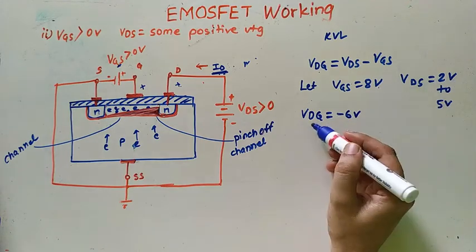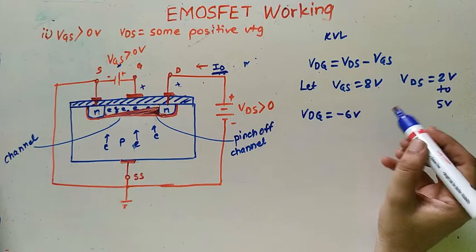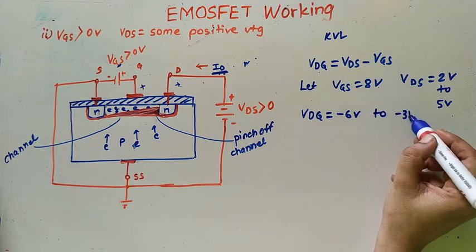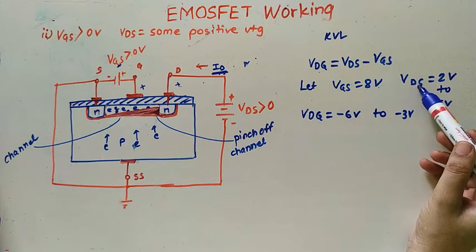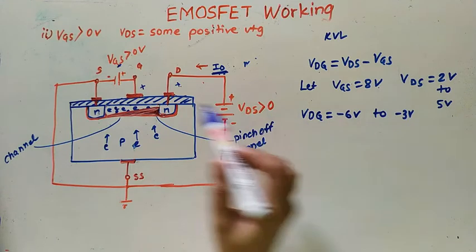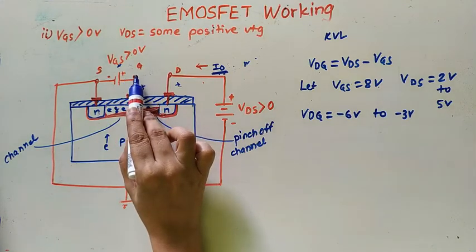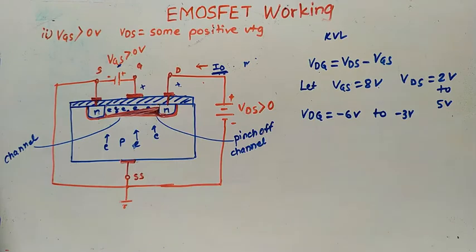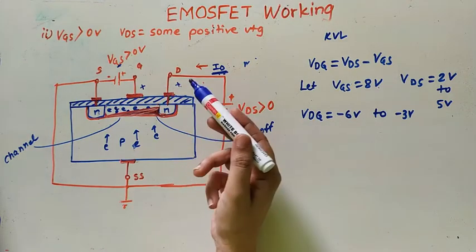But that VDG voltage drop changed from minus 6 volt to minus 3 volt when we increased VDS from 2 to 5 volt. And here, this gate terminal will become less and less positive with respect to drain. That means the drain will be more positive with respect to the gate.